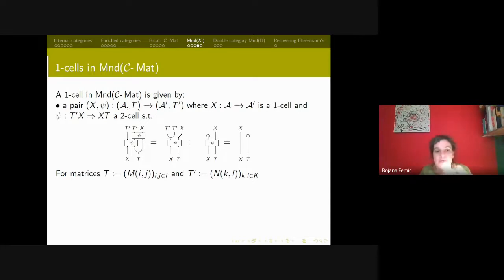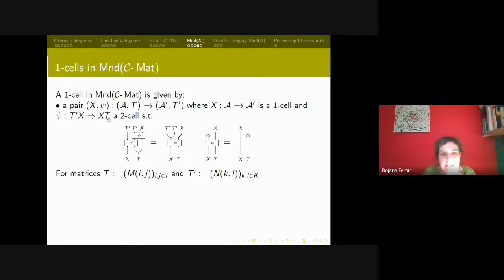So for T, I take a matrix M_ij, and since these are monads, these matrices are square matrices over I. For T prime, I take a matrix N that goes over K, so this K will be A prime.